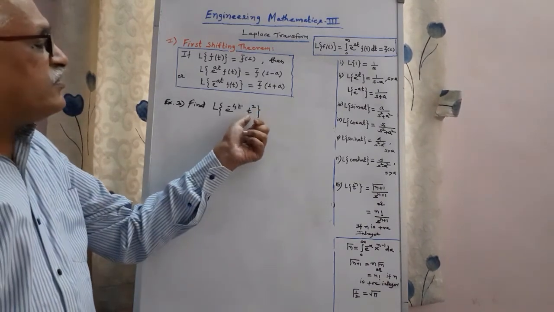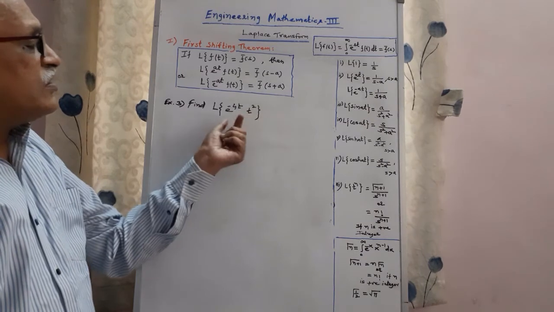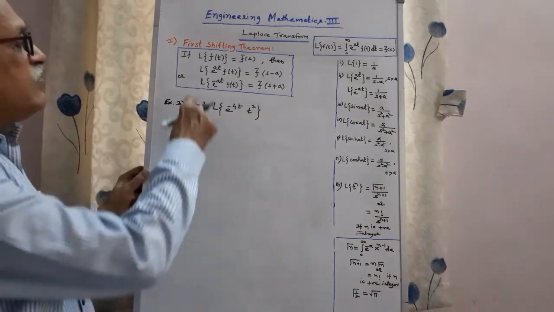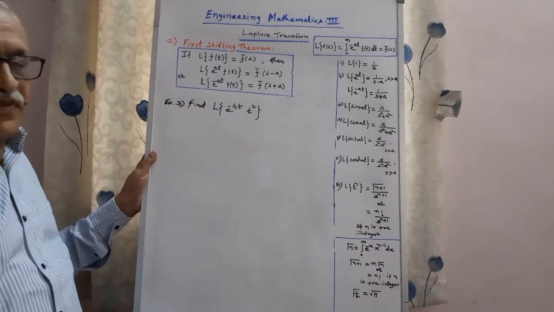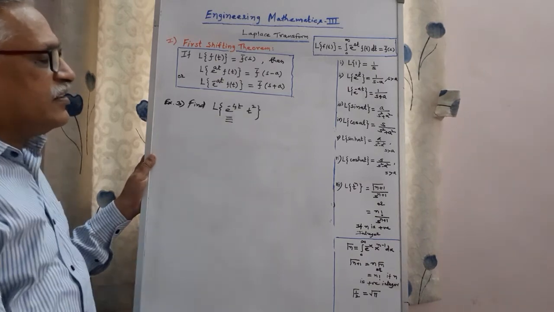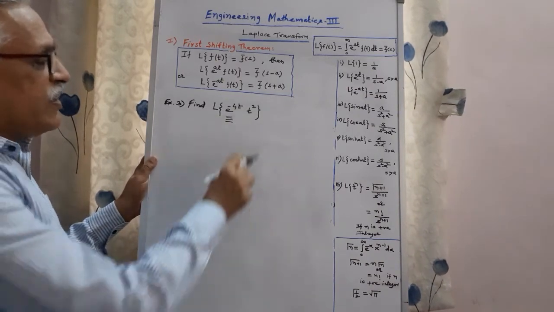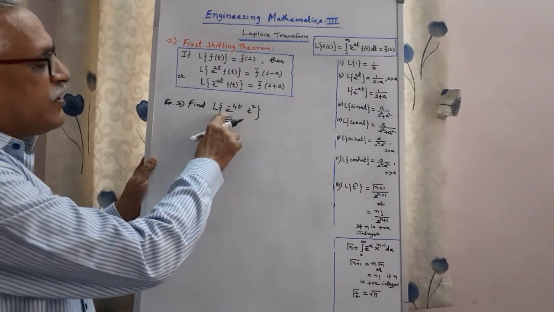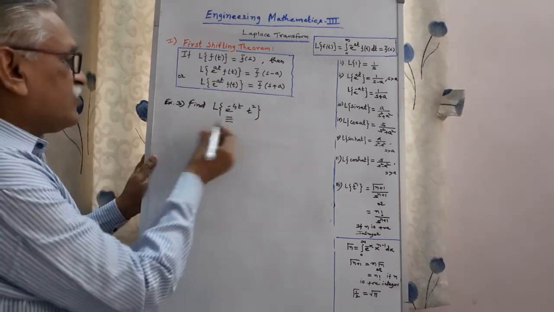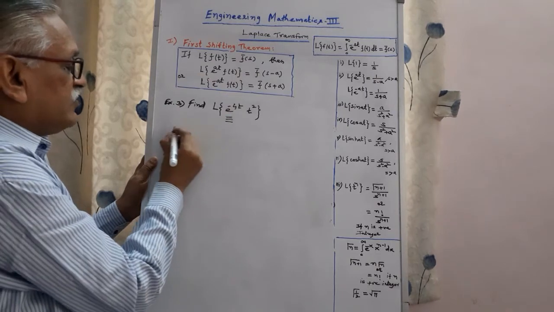Here f of t is t square, suppose, then it is multiplied by e raised to minus at type of term, means it is the problem of first shifting theorem. This is the indication that it is a problem of first shifting theorem. Whenever any function f of t is multiplied by either e raised to at or e raised to minus at, we have to apply this first shifting theorem.